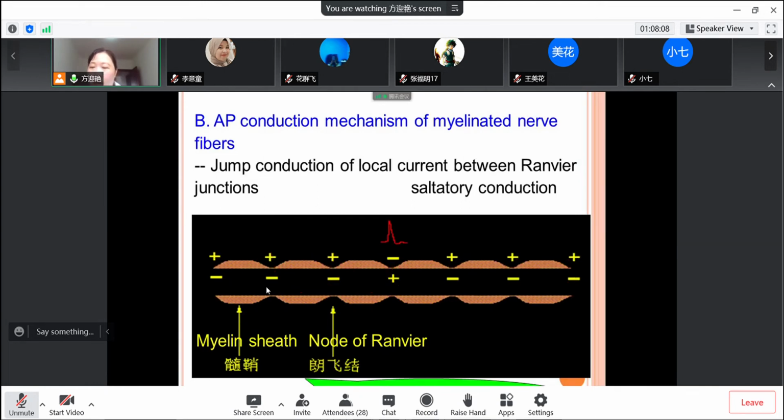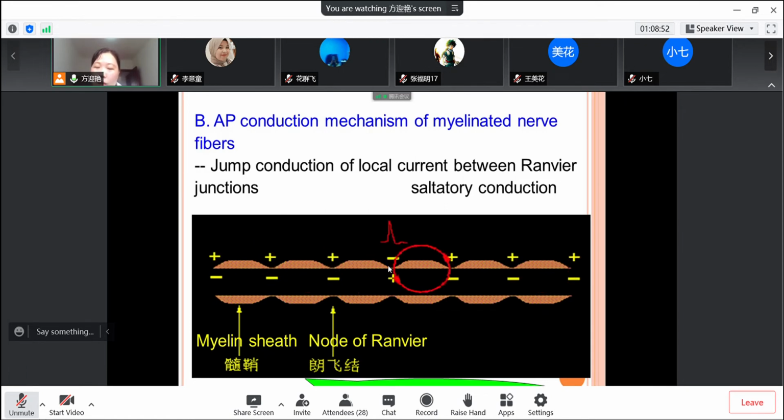So here we found that the action potential conduction is based on the near node of Ranvier. We can see here that the node of Ranvier is uninsulated, and there is also a local current, and this local current can conduct the action potential. Yeah. So here we also call this the jumping conduction, the local current between the nodes of Ranvier.